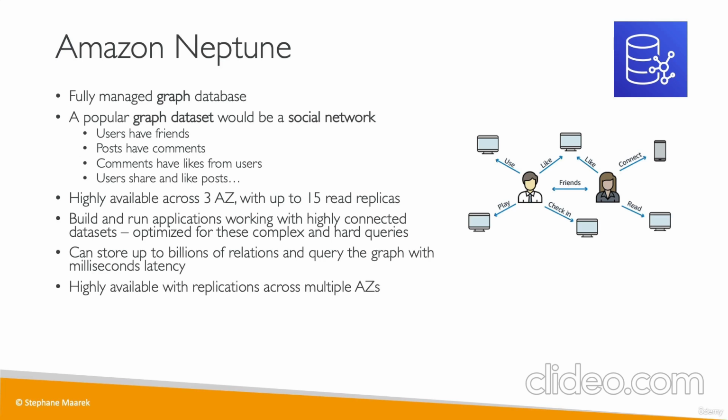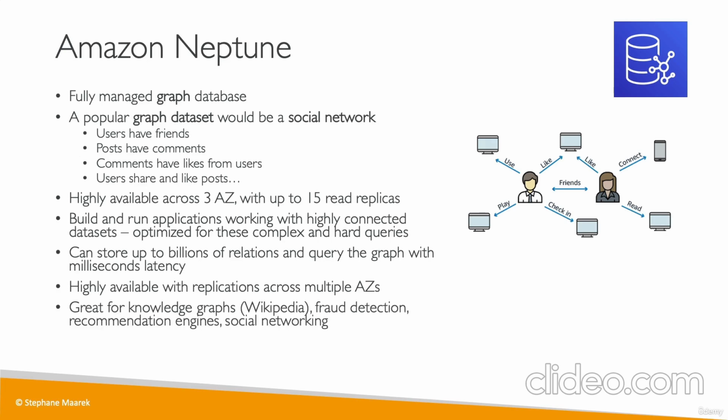It's highly available with replication across multiple availability zones. And it's also great for storing knowledge graphs. For example, the Wikipedia database is a knowledge graph because all the Wikipedia articles are interconnected with each other. Fraud detection, recommendations engine, and social networking. So coming from an exam perspective, anytime you see anything related to graph databases, think no more than Neptune.